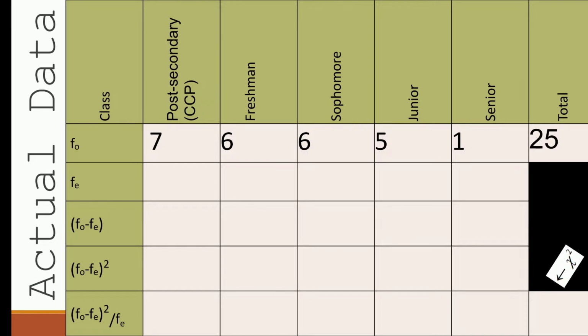By the way, I got lucky here. I have 25 students, and so divided by 5, I get a nice even number. If I had 24 students, I wouldn't have a nice even number, but I would still write it down. I'd have 4.8 for each of these, and that would be fine. It's okay to have decimals, but honestly, I felt so good when I saw that this worked out evenly.